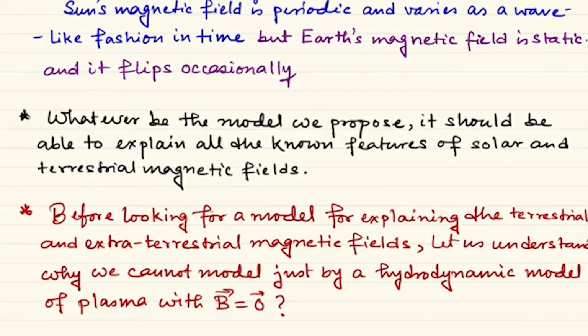I mean, why can't we simply say that, okay, we have a plasma, but the plasma has a magnetic field which is 0? Okay, and so this plasma may have some electric field, but its magnetic field is 0, so it looks like a hydrodynamic fluid with magnetic field equal to 0.